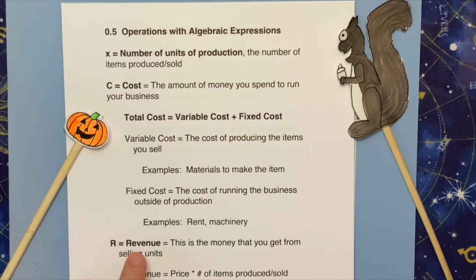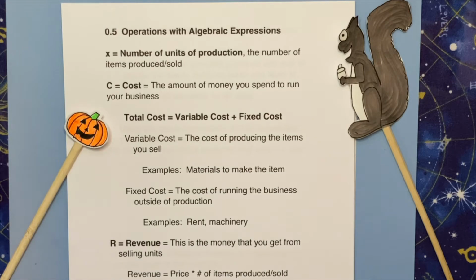Our revenue, sorry, I was thinking of the French. This is the money that you get from selling the units. The reason I said French is that it means to come back. This is the money that literally comes back to you. And the revenue has a really nice, straightforward formula. It's just the price times the number of items produced or sold.